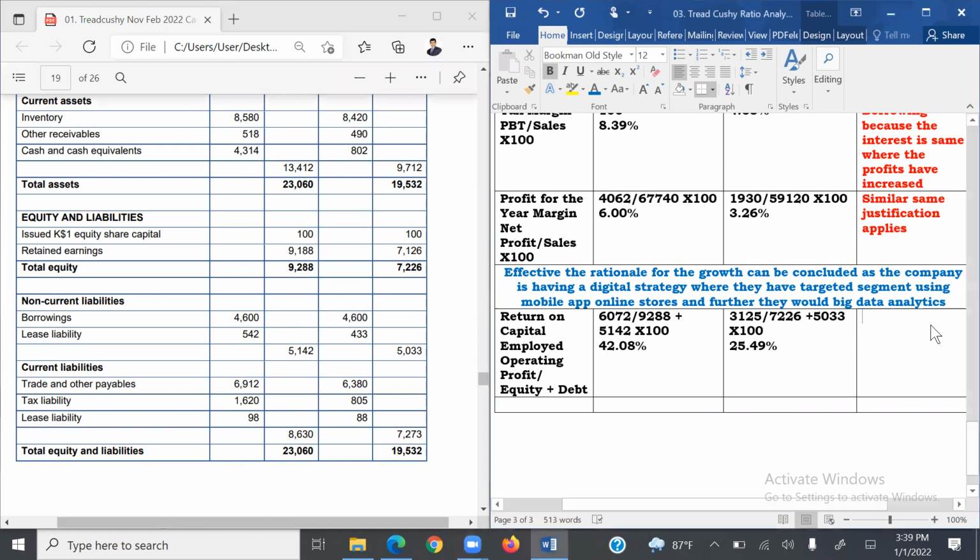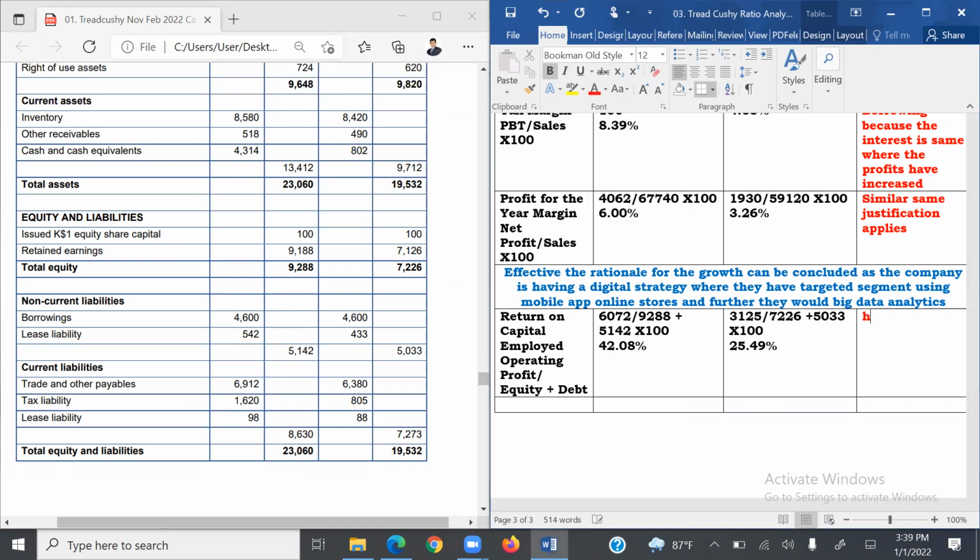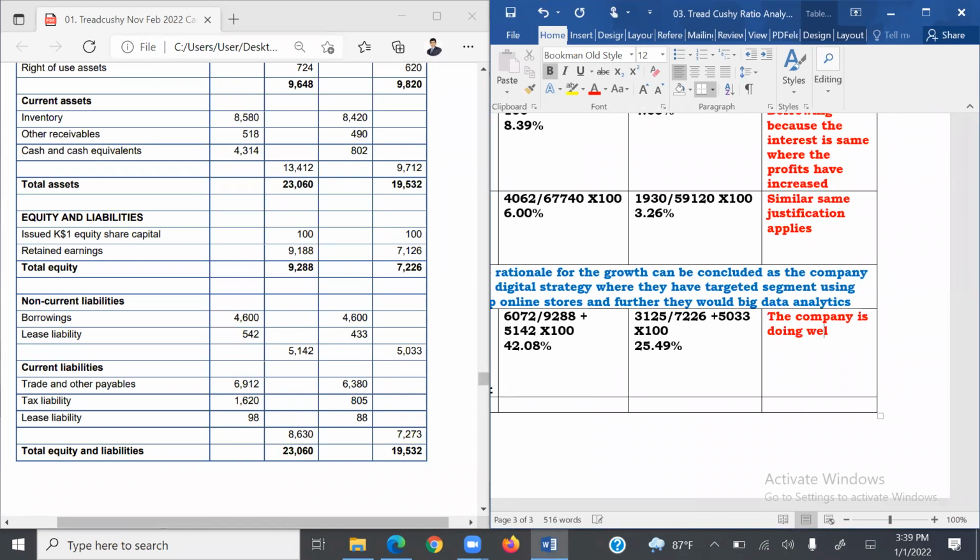So students, let's work on this. I will write down here that the company is doing well with the finance they have invested, with the finance they have utilized.